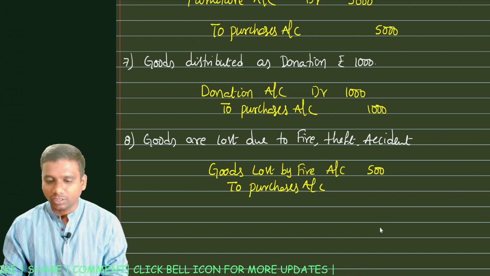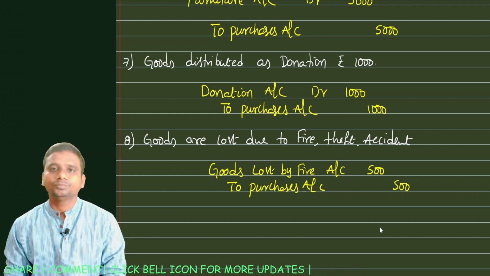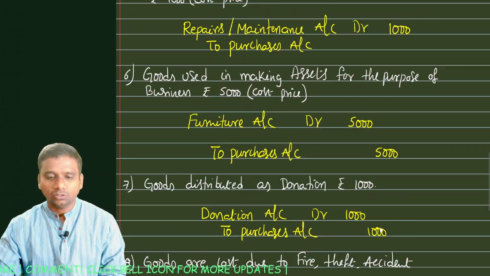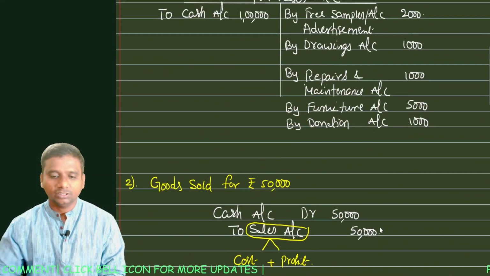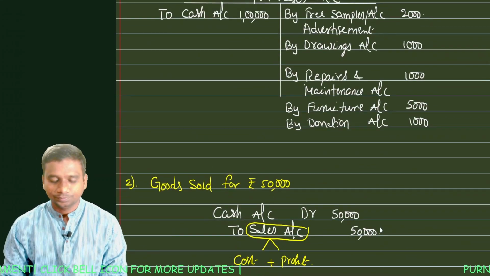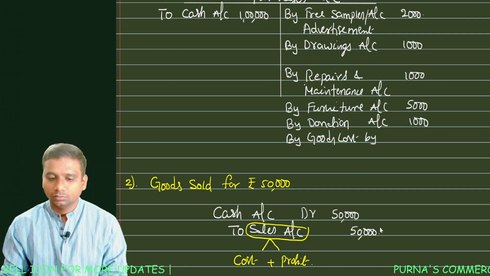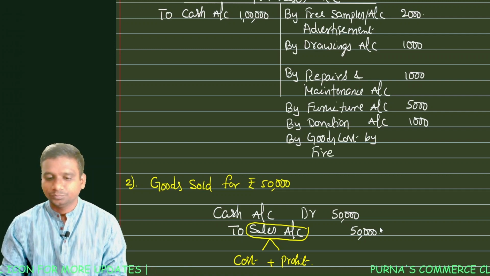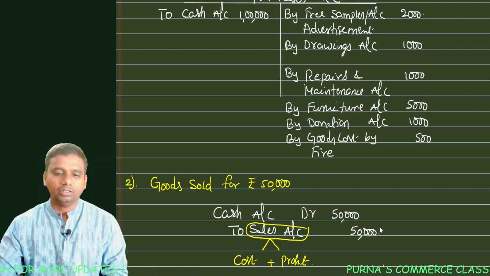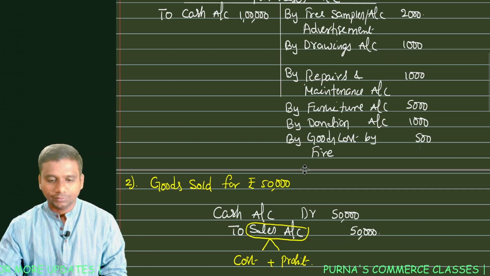Purchases account 500. So here again purchase account is credit. Go to purchase account credit side, write down by goods lost by fire. How much? 500. I hope you are following, students.